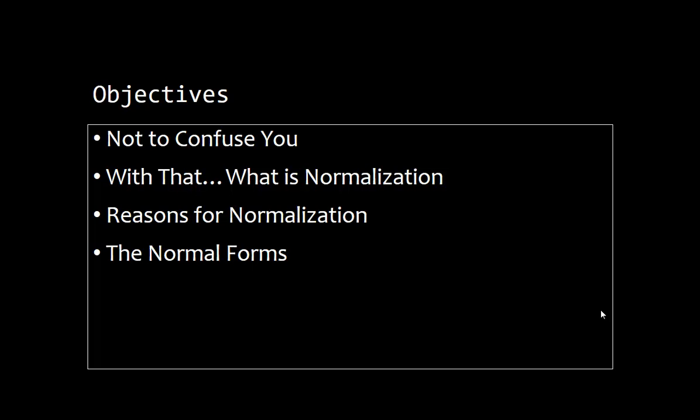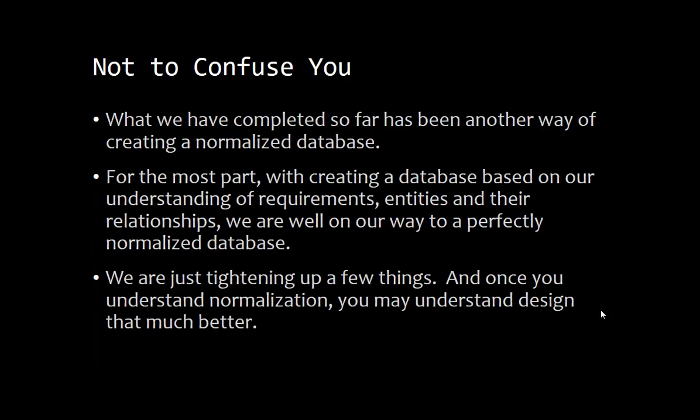It's not hard, as a matter of fact, in a lot of cases, you've been doing it already. But we want to make sure you do understand where we are, what we're doing, and how we're going to apply it. We'll dive into what normalization is, and then the reasons for normalization, and then finally, we'll talk about the normal forms. In subsequent videos, we'll take these normal forms and start applying them rule by rule, and you'll understand that when we get there. Anyway, let's get started.